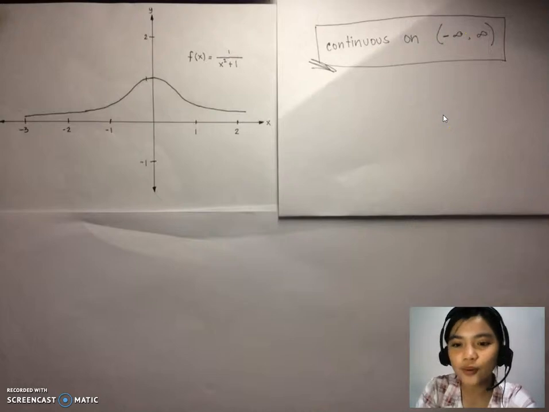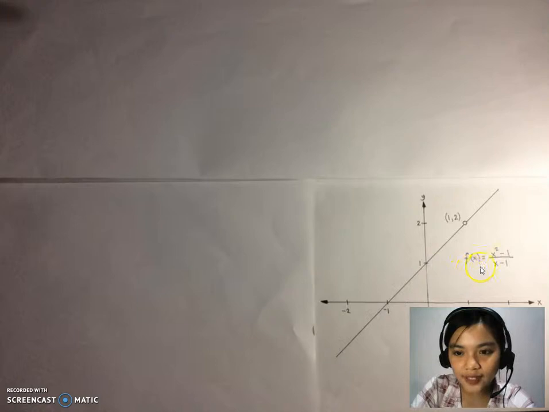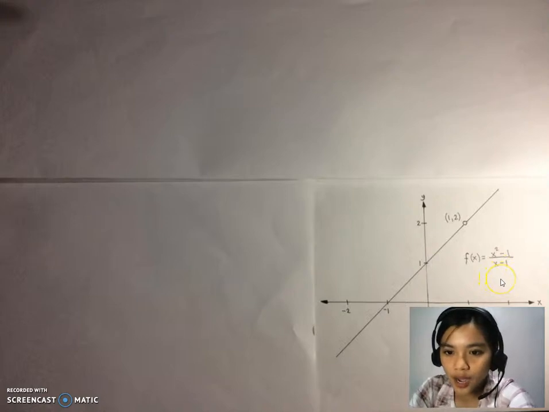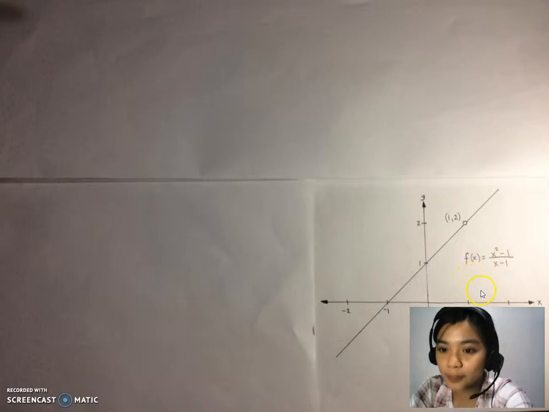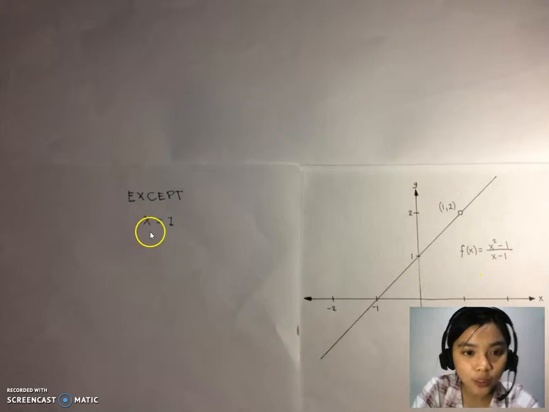Let's move now to our next example. f of x is equal to x squared minus 1 over x minus 1. Now, the domain of f of x equal to x squared minus 1 over x minus 1 consists of all real numbers except x equal to 1.